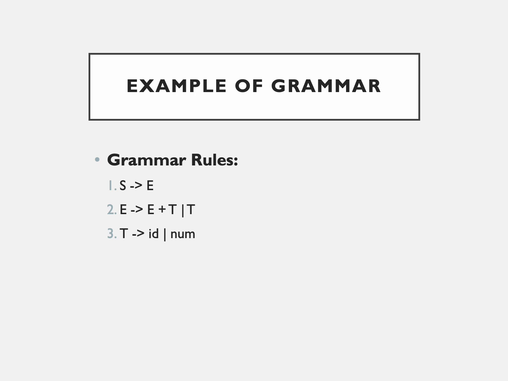Using these rules, we can generate expressions like x plus y or 5 plus 10. For instance, if we start with S pointing to E, then apply the second one, and then finally the third one, this step-by-step expansion process forms the backbone of syntax analysis, where the compiler verifies that an expression adheres to these rules, and it ensures that the code is grammatically valid, setting the stage for further processing.